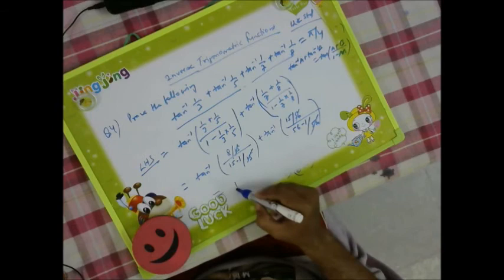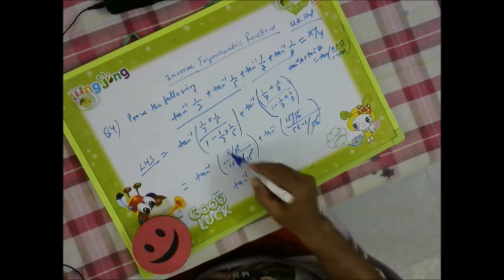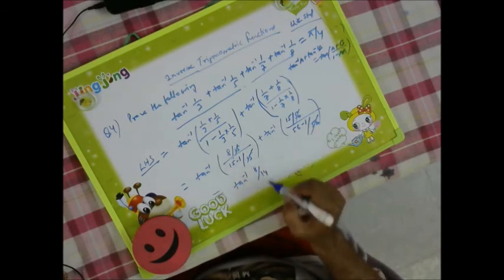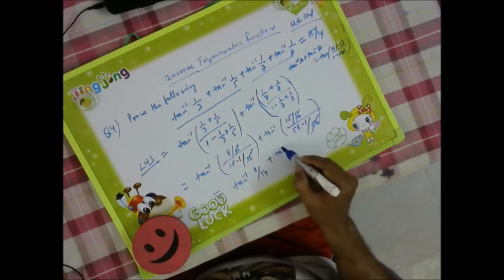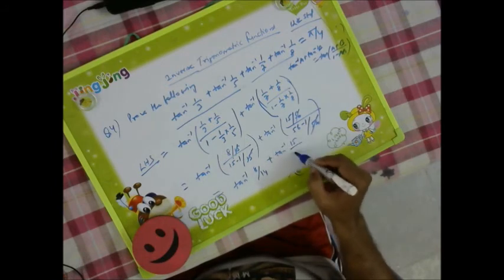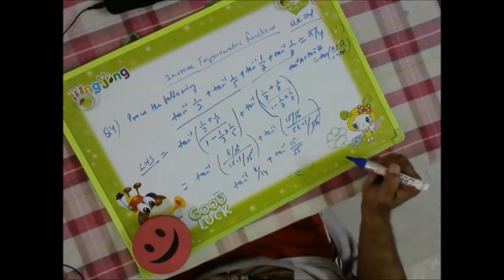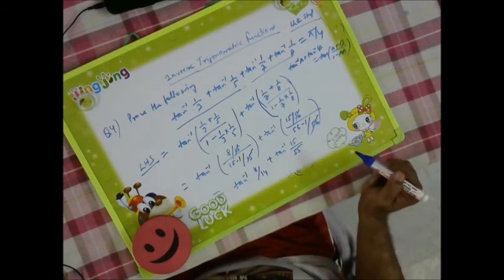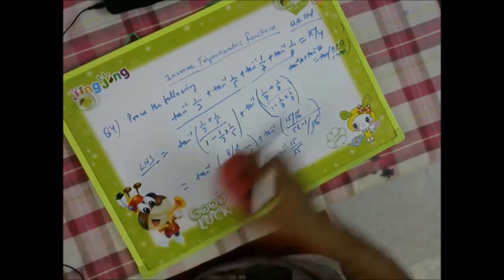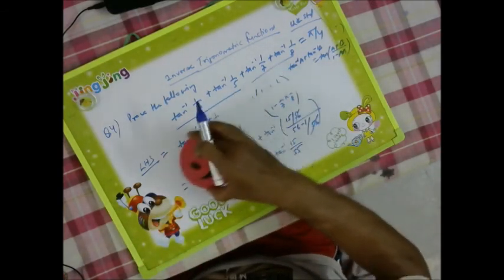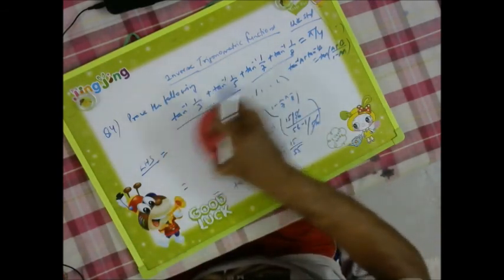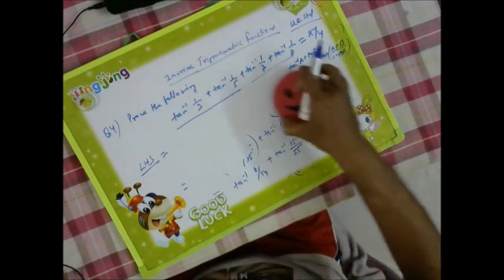What we have got is tan inverse 8 by 14 plus tan inverse 15 by 55. 56 minus 1 has given us 55. So now this is not required, in between I will rub it.